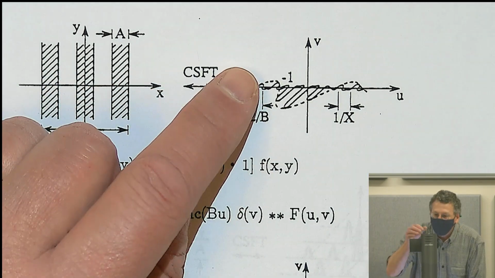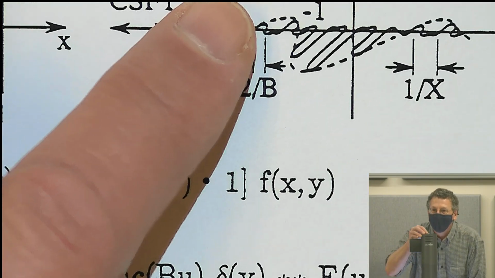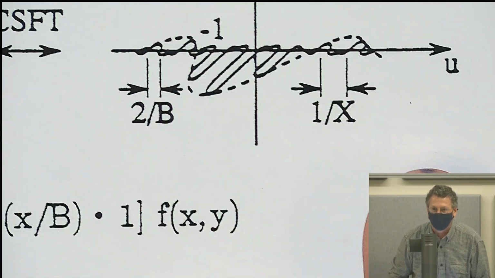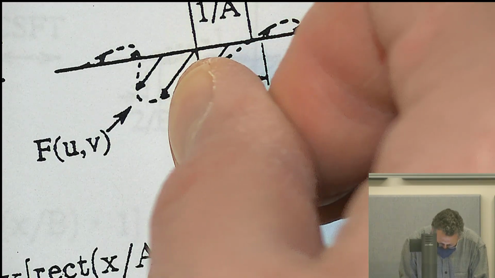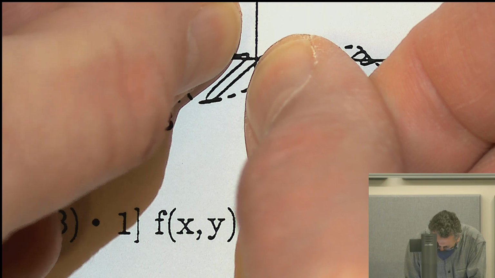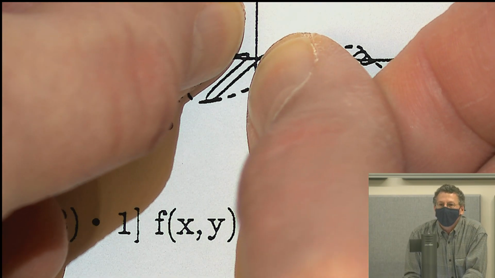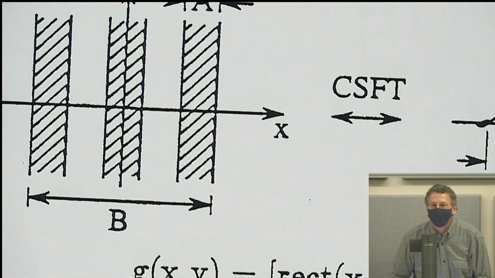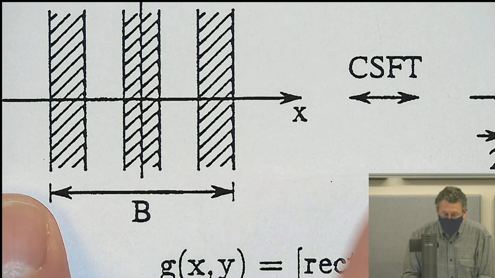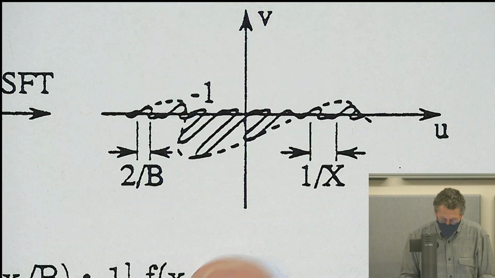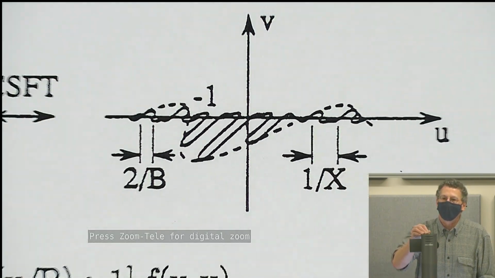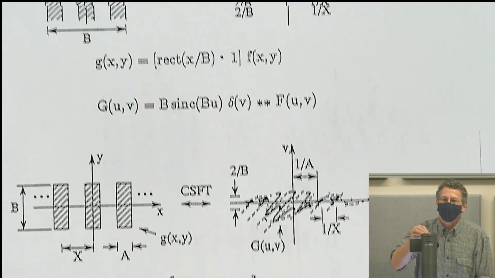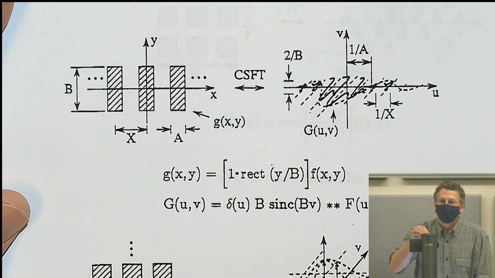This is maybe not drawn the best, but it tries to convey the idea that what were little impulses, little arrows, get replaced by tiny little sinc functions. The width of those sinc functions corresponds to 1 over B. B is big because it's a window, so 1 over B is small. See, big goes to small. That's a key idea. Stretching goes to contraction, big goes to small.